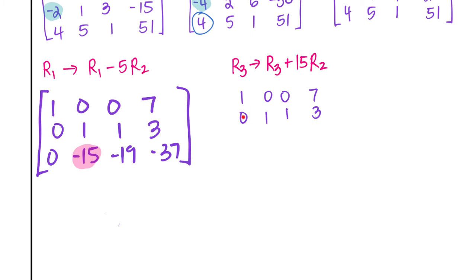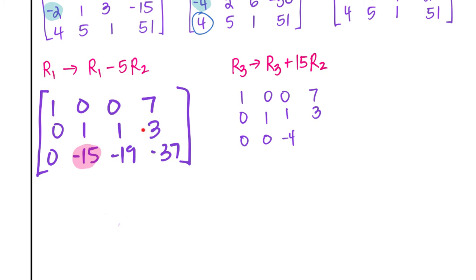Okay, so 0 times 15 is still 0, and then plus 0 is still 0. 1 times 15 is 15, and add those together, so that'll make this a 0. 1 times 15 is 15. 15 minus 19 gives us negative 4.